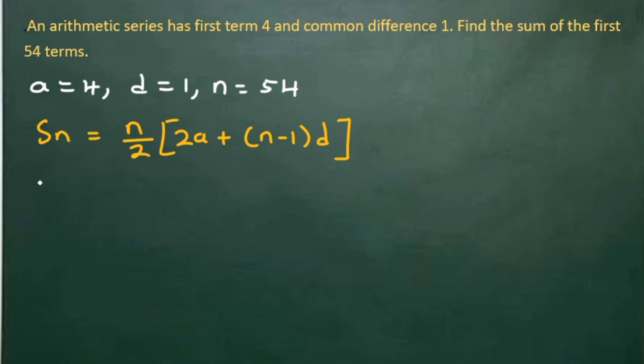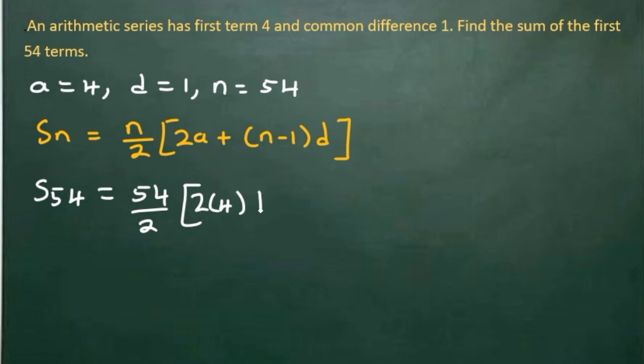So this will be S of 54 equals 54 divided by 2, and you open your parentheses. This will be 2 times the first term, which is 4, plus n, which is 54, minus 1 times d, which is 1. This is the common difference, times 1.